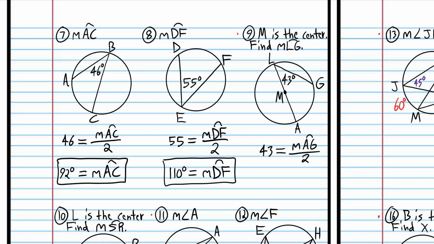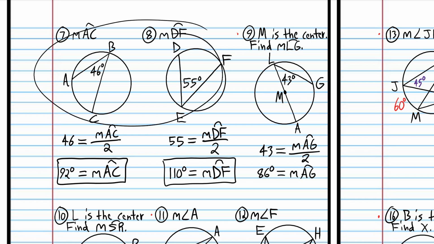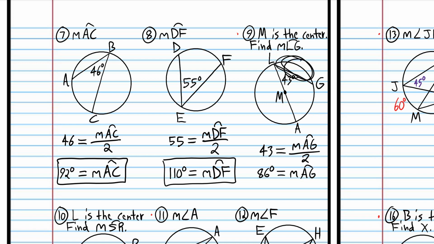So multiply both sides by 2, and we get 86 degrees is equal to the measure of arc AG. So we just did the same problem that we did in the previous ones. We were given the inscribed angle, we found this arc. We don't want that arc. We want this arc measure here.